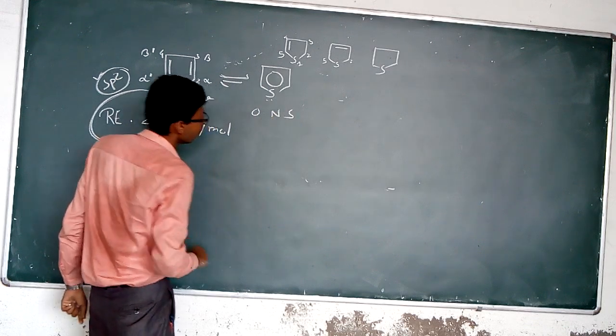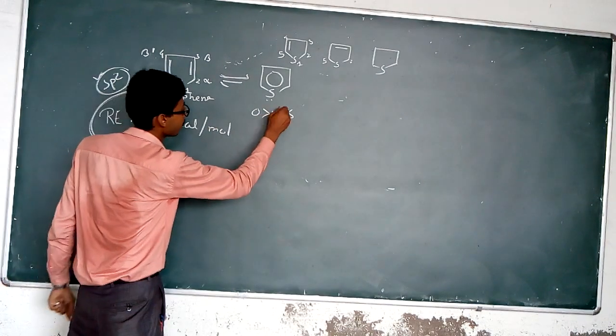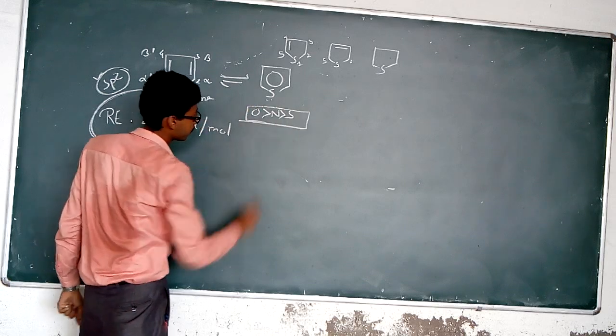The electronegativity order is oxygen, nitrogen and sulfur.